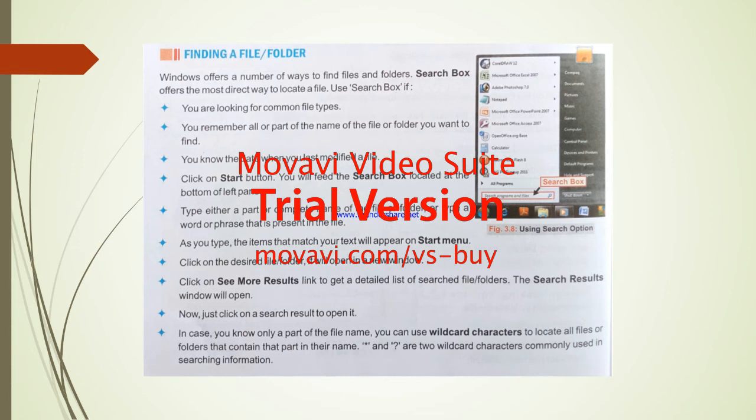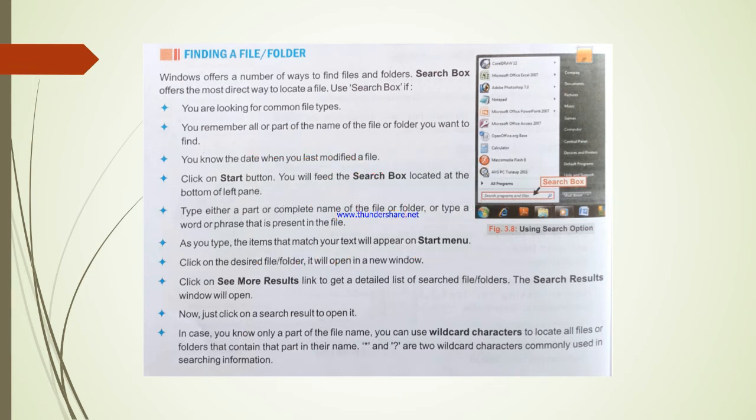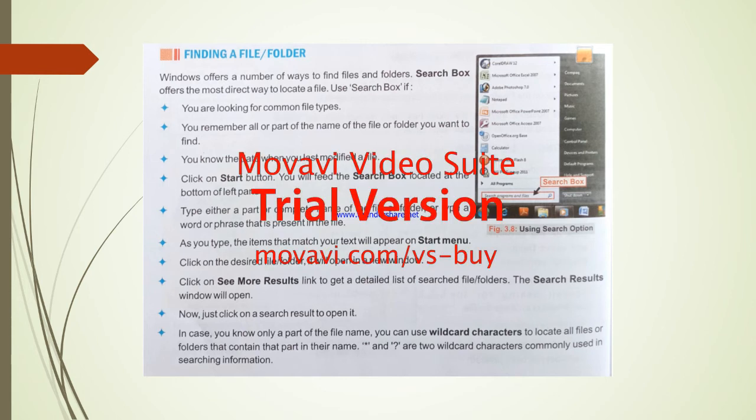In case you know only a part of the file name, you can use wildcard characters to locate all files or folders that contain that part in their name. Star and question mark are two wildcard characters commonly used in searching information.